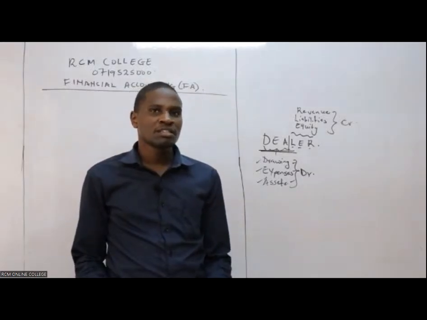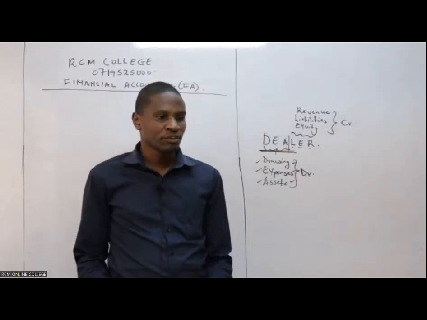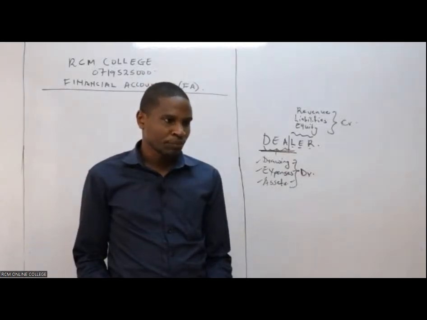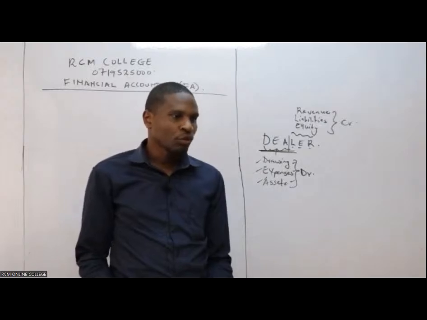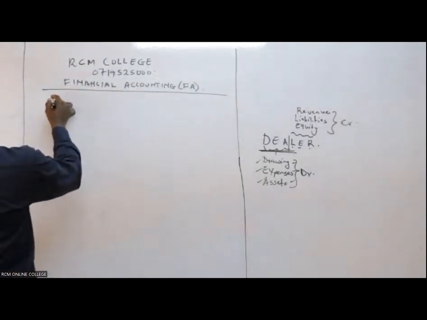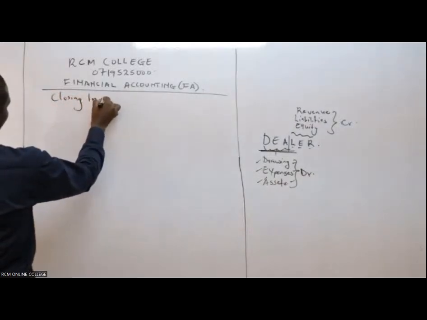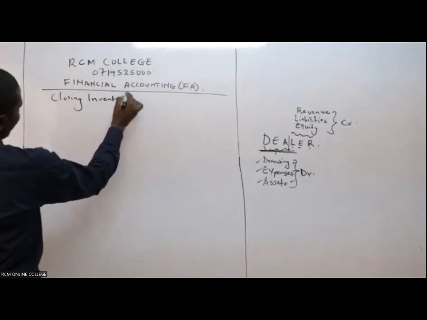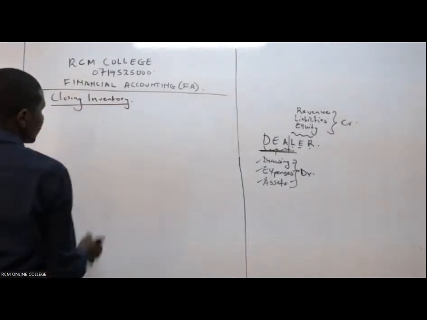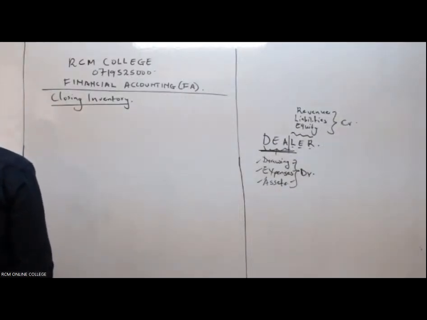The first thing that the examiner wants us to do is to compute what? The closing inventory. So in this case, how do we compute our closing inventory? I'll do it very fast because I want us to even touch our balance sheet, for the sake of those people we were with in our last class.